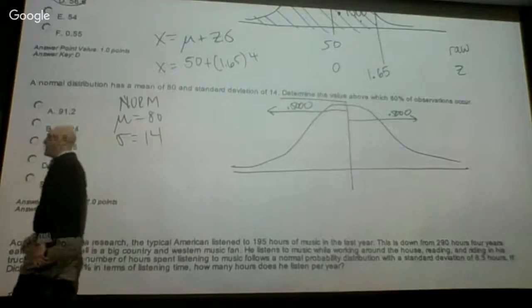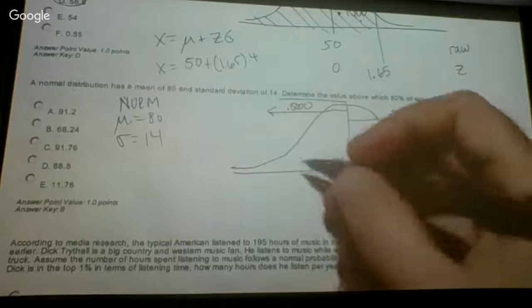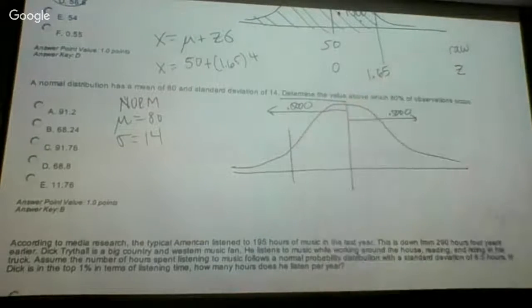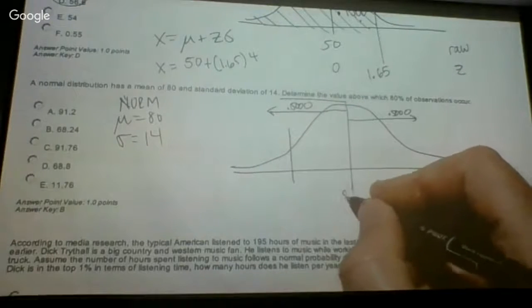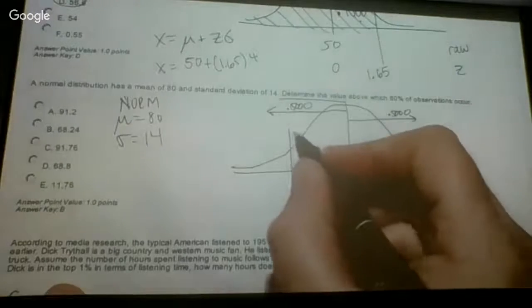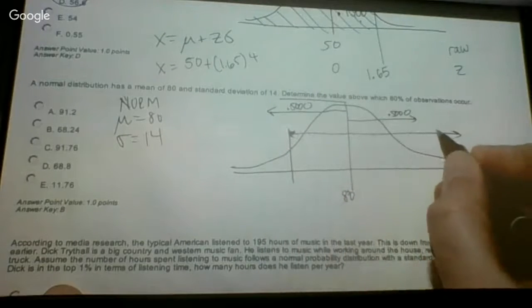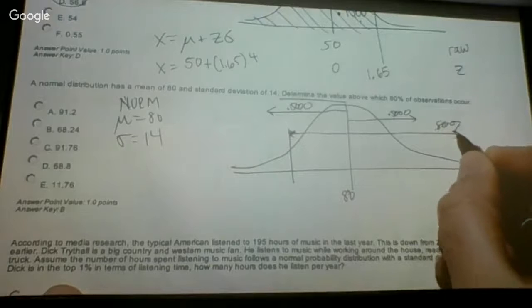Determine the value above which 80% of other values occur. I need a raw score here. I've used that probability proportion to say 80% of stuff is over there.